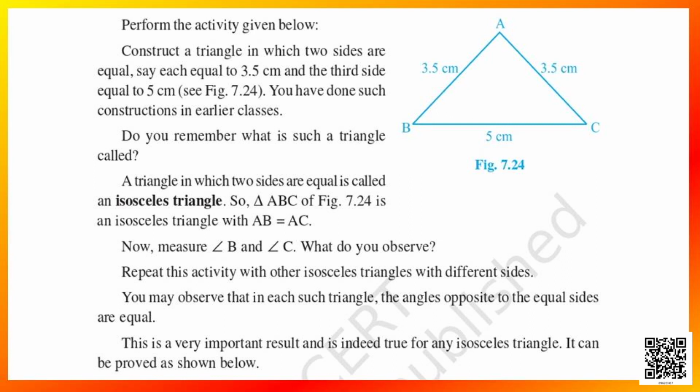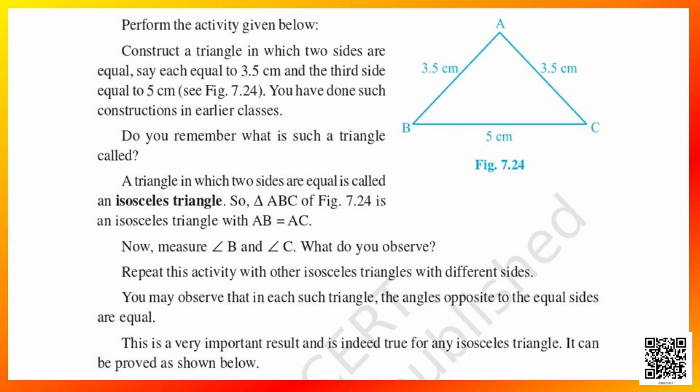So students, let us go through the activity. Construct a triangle ABC with BC of any length and angle B is equal to angle C is equal to 50 degrees. Draw the bisector of angle A and let it intersect BC at D, as it is given in your book in figure 7.26.